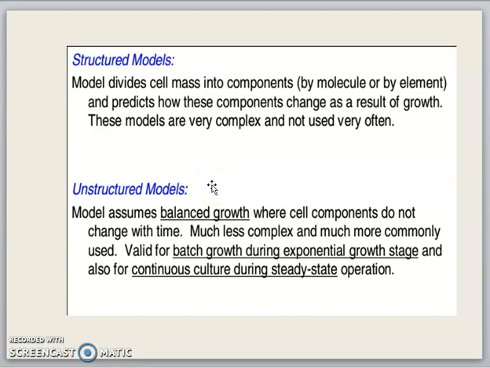The structured model divides cell mass into components by molecule or by element and predicts how these components change as a result of growth. So these models are very complex and not used very often.